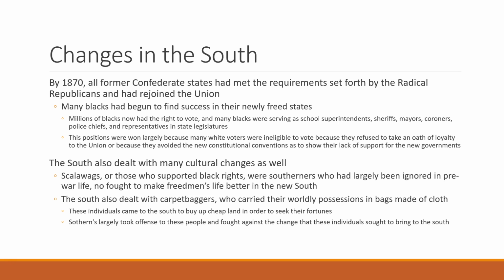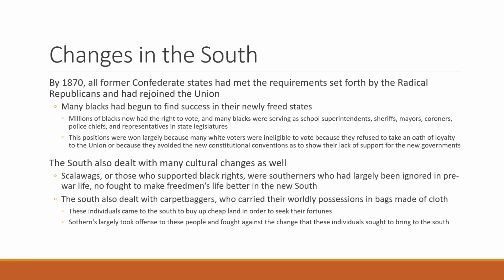Now, one of the things that we have to realize with the election of these individuals is that a large number of whites in the South still can't vote. They can't vote because they haven't taken an oath of loyalty back to the Union, so they're ineligible to vote. And a lot of whites who are eligible to vote refuse to do so as a means of protest against the government.